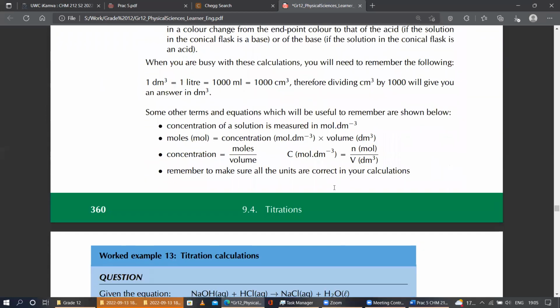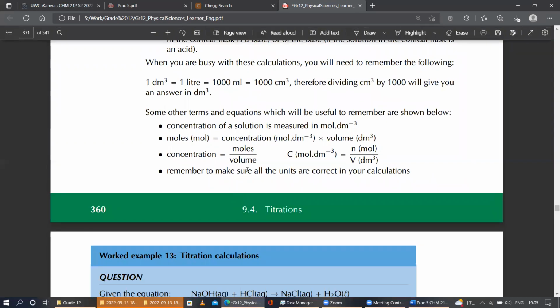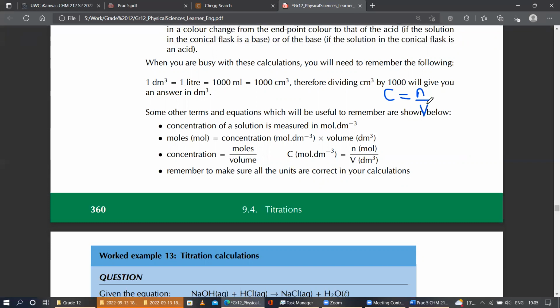You only need to memorize, I think for titration, this is the most important equation to memorize. And you also need to memorize the SI units of each, because most of the time they might give you the volume in cubic centimeters, in milliliters, in kiloliters.